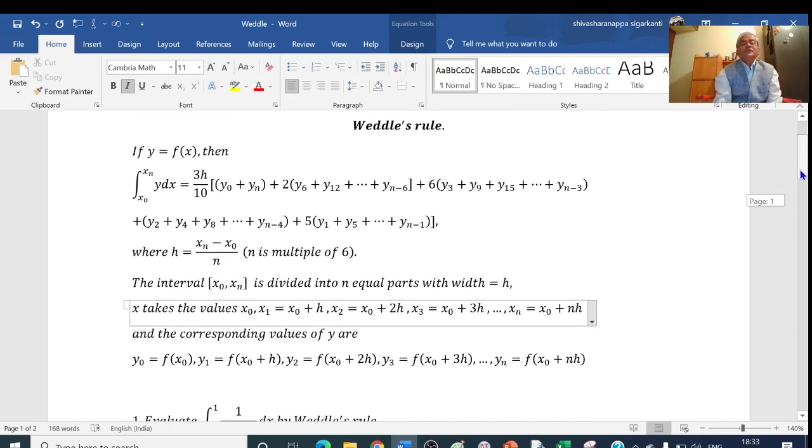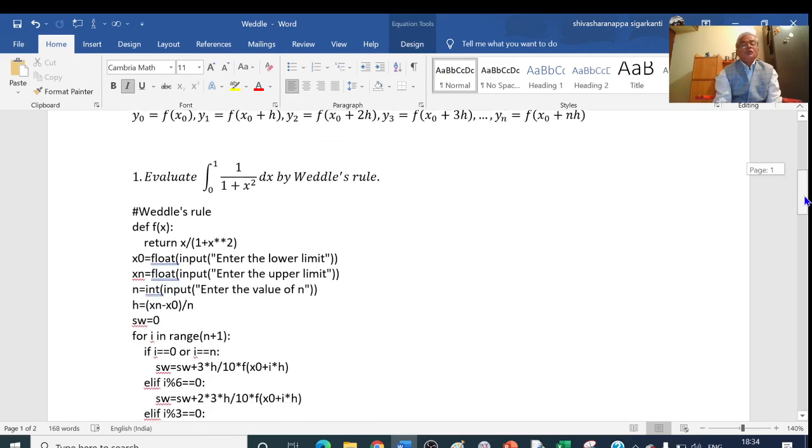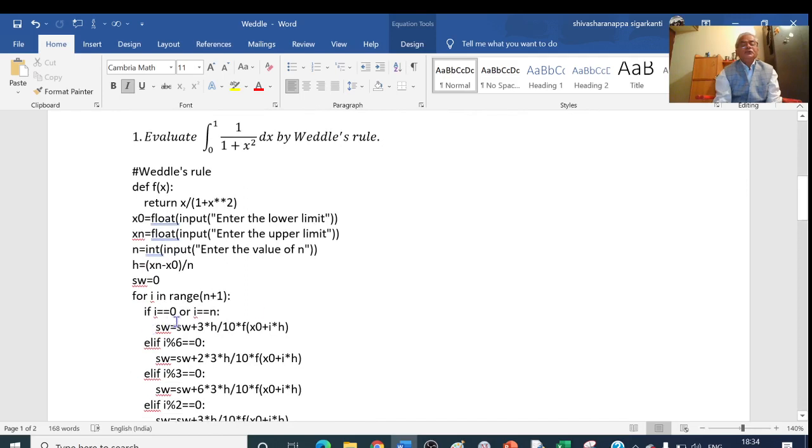Suppose the suffix is 0 or n, then what is the coefficient here? 3h by 10. So first I will go for this. If i equal to 0 or i equal to n, then SW equal to SW plus 3h by 10 into f of x0 plus ih. That is f of x0 or f of xn. If i equal to n, f of xn; if i equal to 0, this is f of x0.